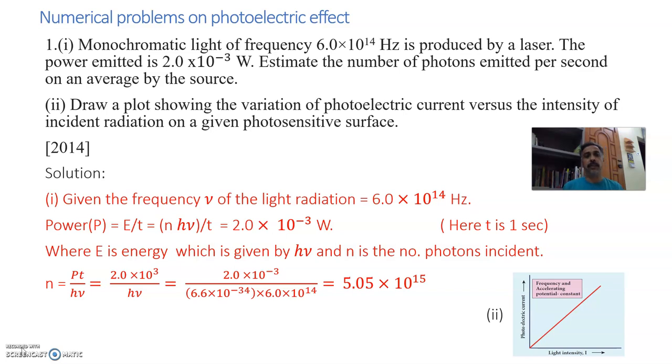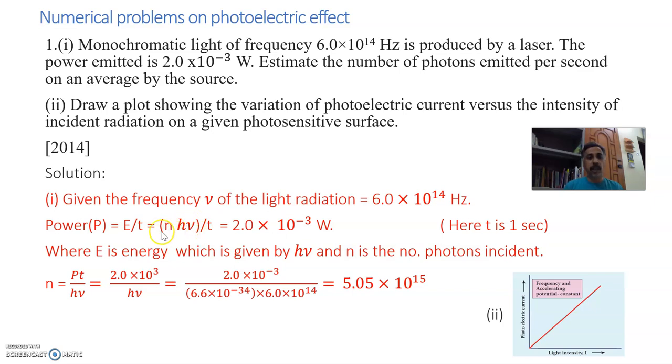So we know that the power P is nothing but energy per unit time, that is E by T. Here, as we see, given in red, power P is equal to E by T. E can be written as N into h nu, where h nu is the energy of a single photon.